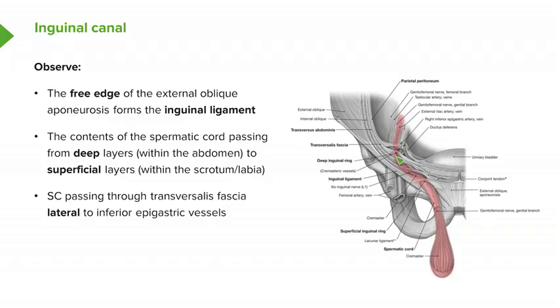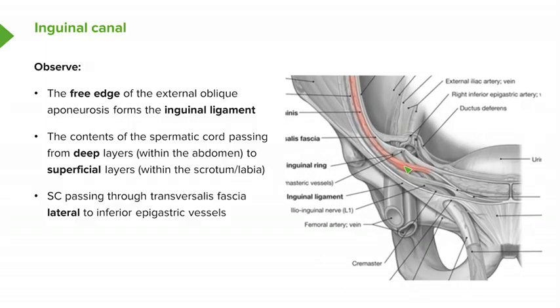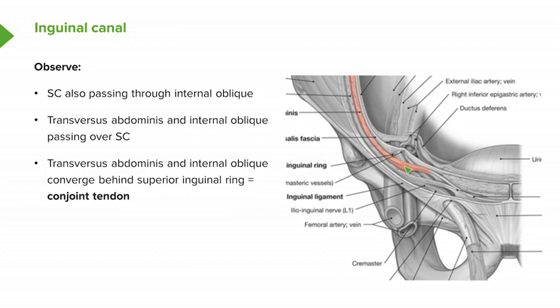We can also see that it has gone underneath this muscle here, and if we follow it back, this muscle is transversus abdominis. Importantly, transversus abdominis runs horizontally from the inguinal ligament across.